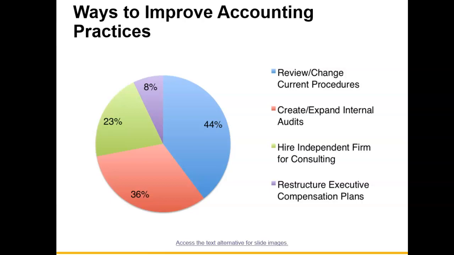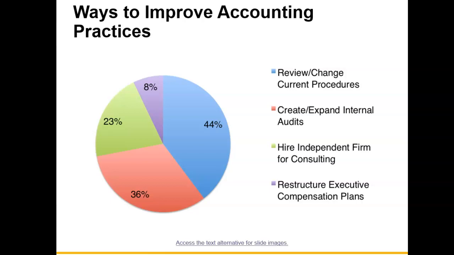Okay? This is just a slide that shows recommendations of ways to improve accounting practices. And you see the majority was to review and change current procedures, and to expand internal audit. So, what does that mean? Companies have what's called an external audit, meaning that an outside accounting firm comes in once a year to audit your books and your internal control system.